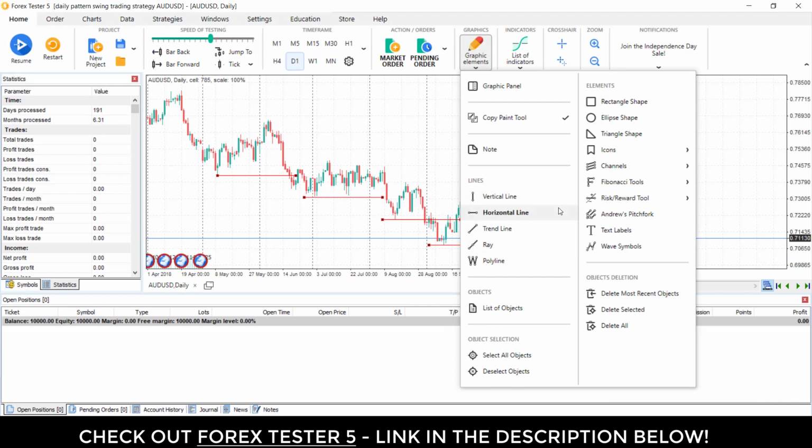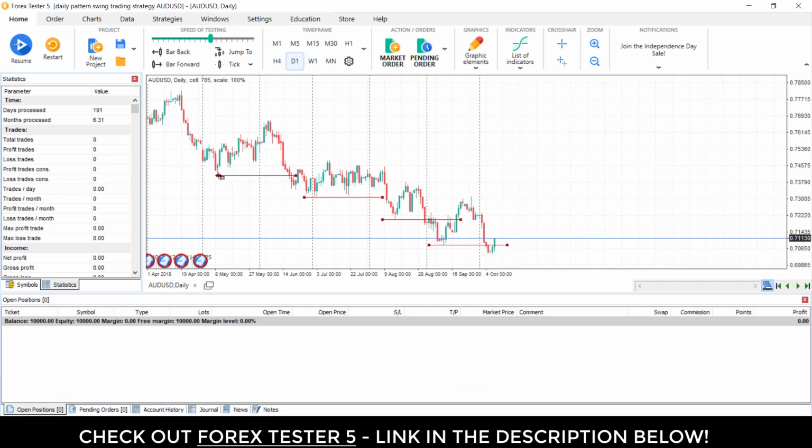And in Fibonacci tools, I'm going to use the Fibonacci extension tool just to measure the length of these reaction legs. So I want to find out which one is the biggest one. I think it's the one I've just measured. So this one here is just over half of that. That one about the same, and that one a little bit more.